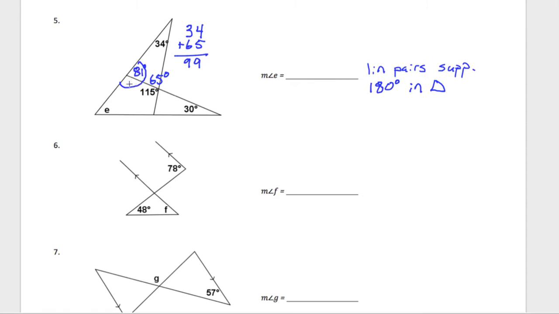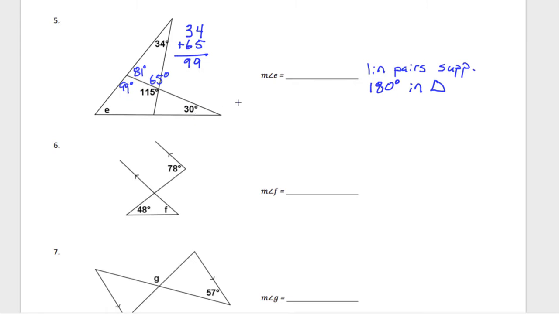I can figure out this angle here using the same reason. This is going to now be 99 degrees, and now I have this angle, and this angle to add to 180.